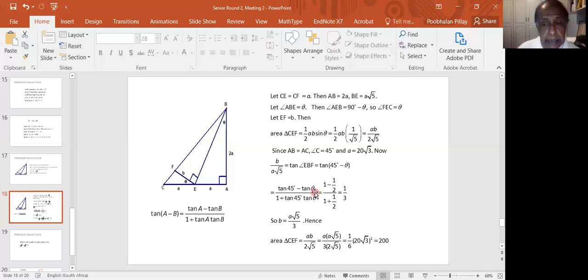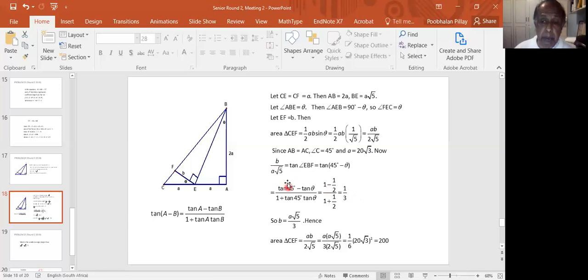And tan theta is a half. So I can substitute straight away: 1 minus a half over 1 plus a half. So remember that as well, tan of 45 is 1. And you just use the ordinary fractions. This is a half over 3 over 2. Those halves cancel and you land with 1 over 3. So B over a root 5 is 1 over 3.